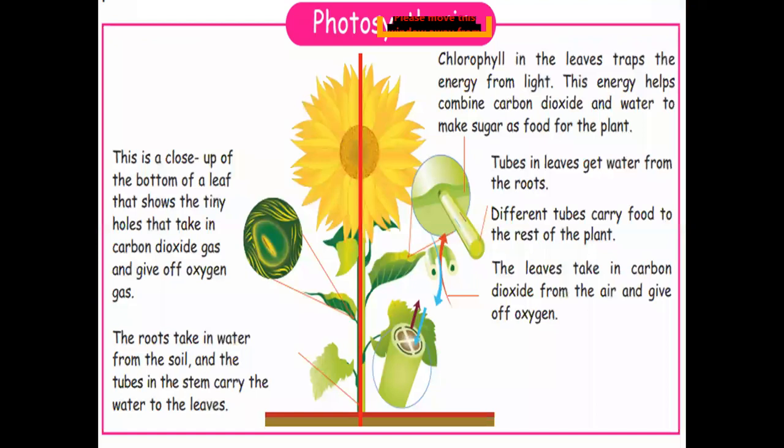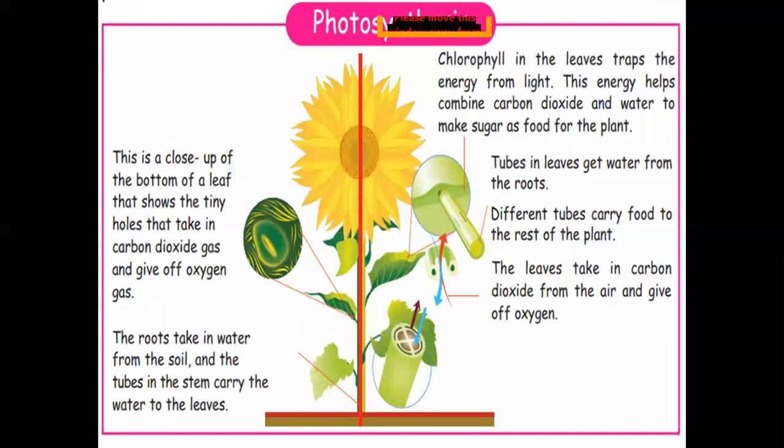And we said that photosynthesis occurs in chlorophyll plants, meaning it occurs only in green plants, the plants that contain chlorophyll.